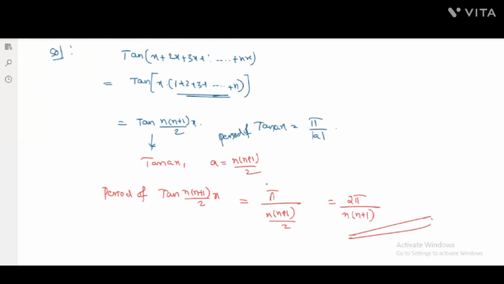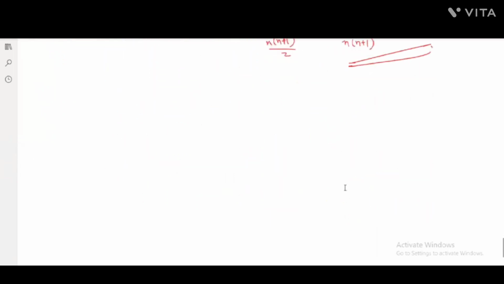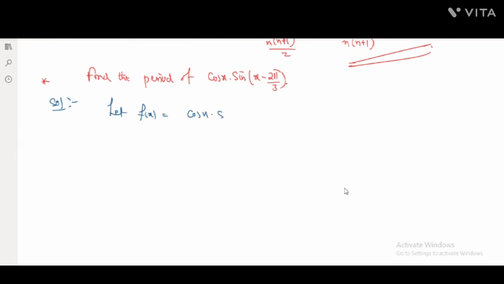Next, let's see one more different kind of question based on this. Find the period of cos x into sin of x minus 2 pi by 3. Here, two different trigonometric functions are multiplying, so let us assume this is some f of x. f of x is equal to cos x into sin of x minus 2 pi by 3.